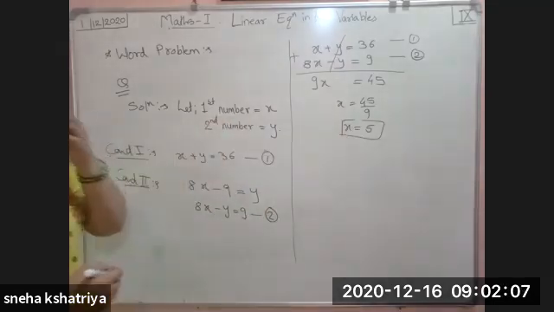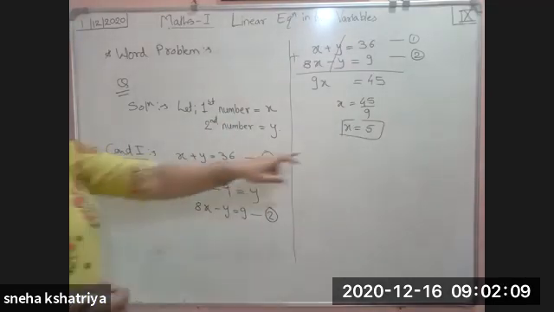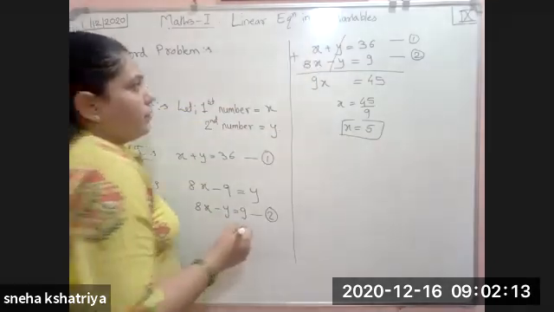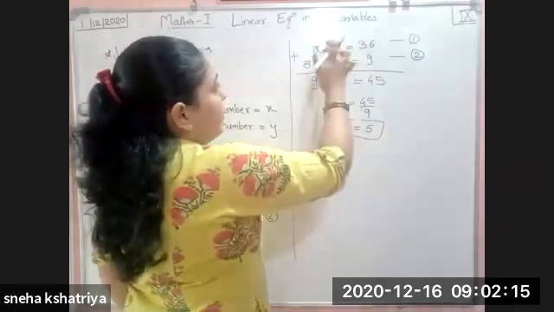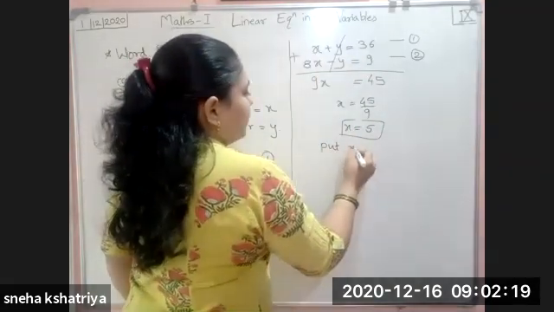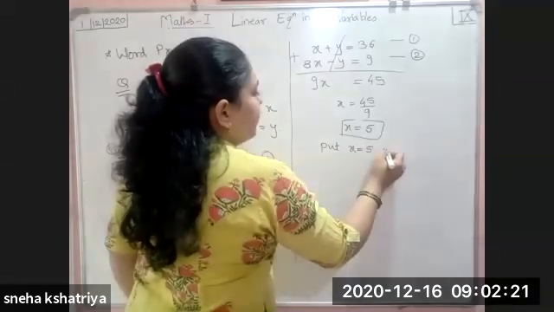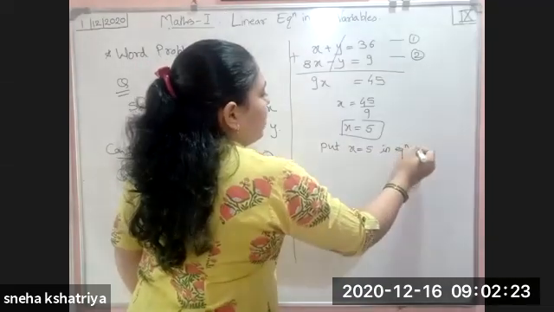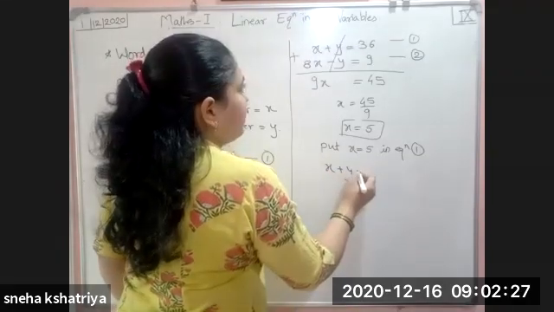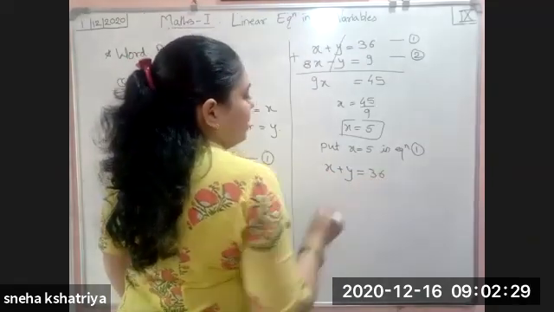Now the value of x, put in any one equation, and we will get the value of y. This 5 we put in equation 1. Put x is equal to 5 in equation 1. What is equation 1? First write down the equation: x plus y is equal to 36.